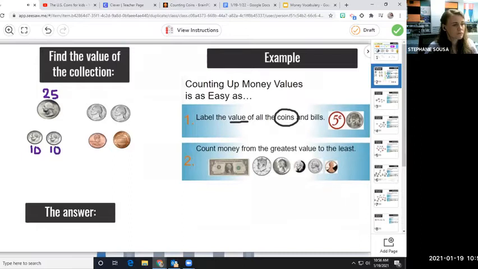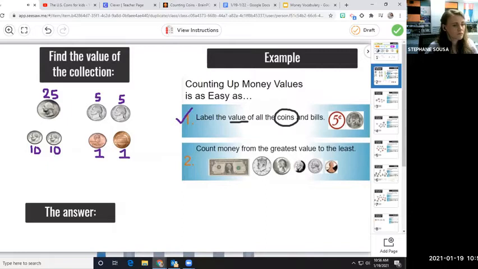Going to the right, I see 2 nickels. Each nickel has a value of 5 cents. And finally, 2 pennies. Each penny has a value of 1 cent. I have now labeled the value of all of the coins.